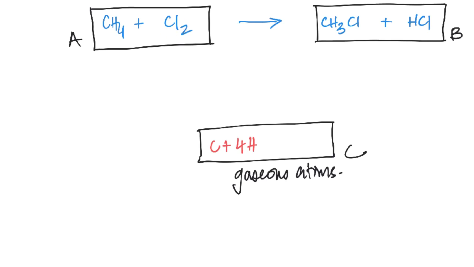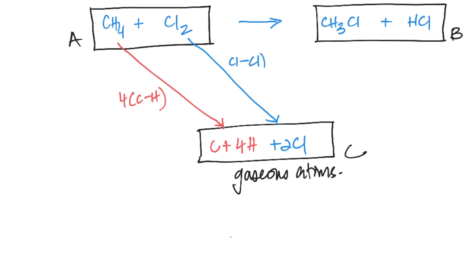Before I do that, this arrow from CH4 to this would be the 4 CH bond breaking energy. And then I want to break one more, Cl2. And that would give me 2 Cl atoms. And this value would be the Cl bond energy. And instead of making these molecules, I can also break them.